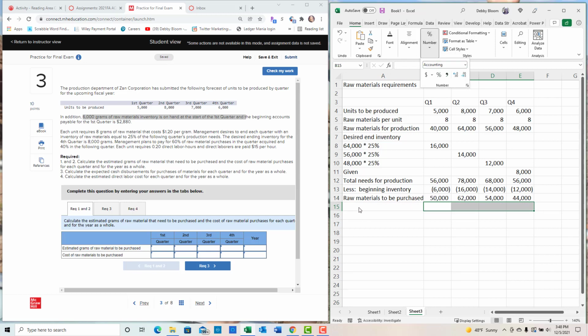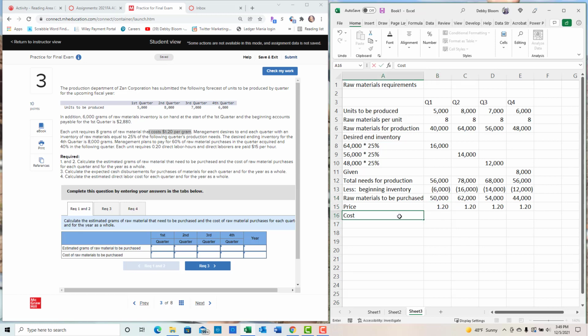Now, I'm given the price in the problem. I'm going to make sure that you can see the decimals. We're told that it costs $1.20 per gram. So I'm going to put $1.20 all across the row. And now I just multiply the number of units to be purchased by the price to get the cost of the raw materials.